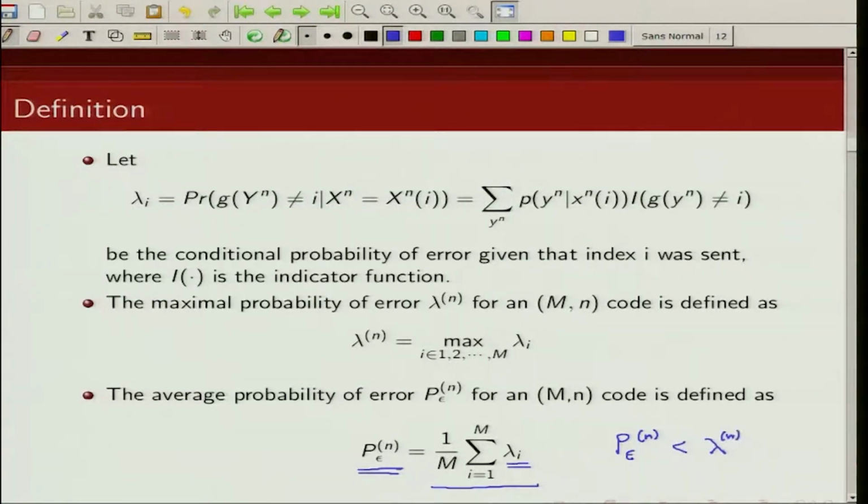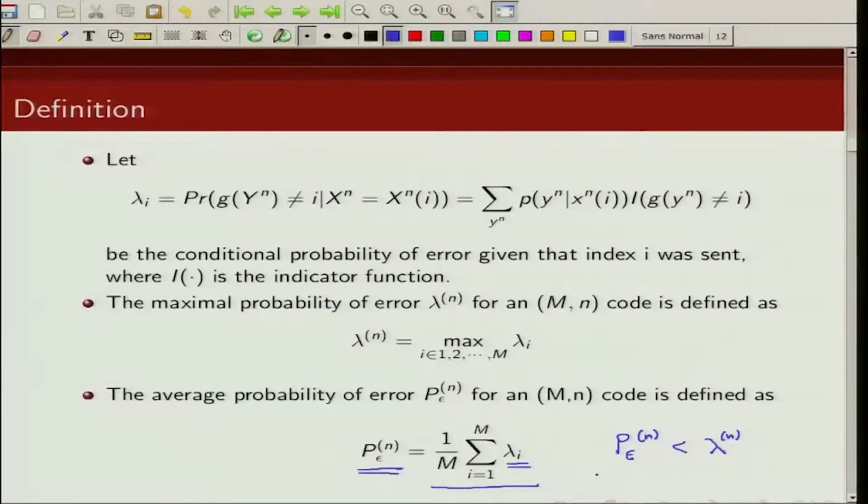We are going to show you later in this lecture that as long as our transmission rate is below channel capacity, our average probability of error is very small. It goes to 0 as the block length, the code word length, increases, and we will show that if the average probability of error goes to 0, then the maximal probability of error also goes to 0 as n becomes large.